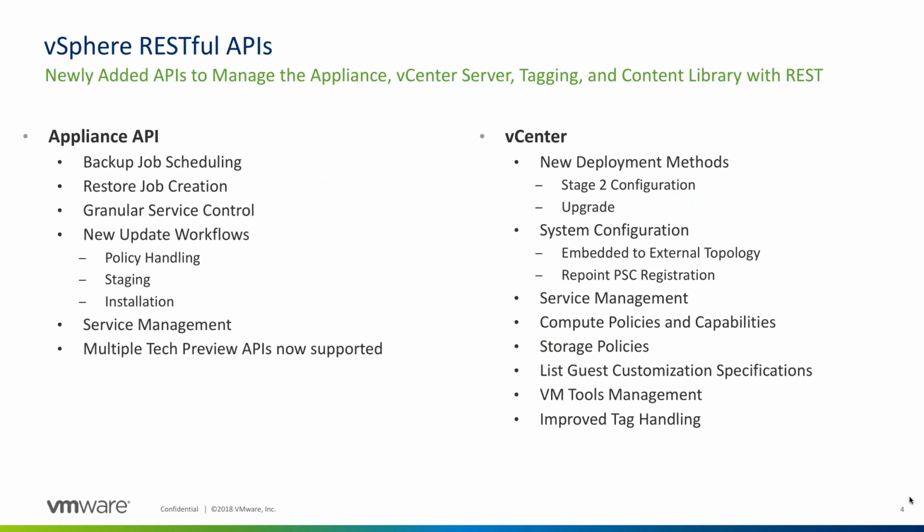One of the most exciting things for me personally was the RESTful APIs. So, if you remember with 6.5, brand new, they came out, you could do things with the appliance, you could do some things with vCenter, you could manage VMs, you could do things of that nature. Well, with 6.7, we basically built on what was there and added some new functionality.